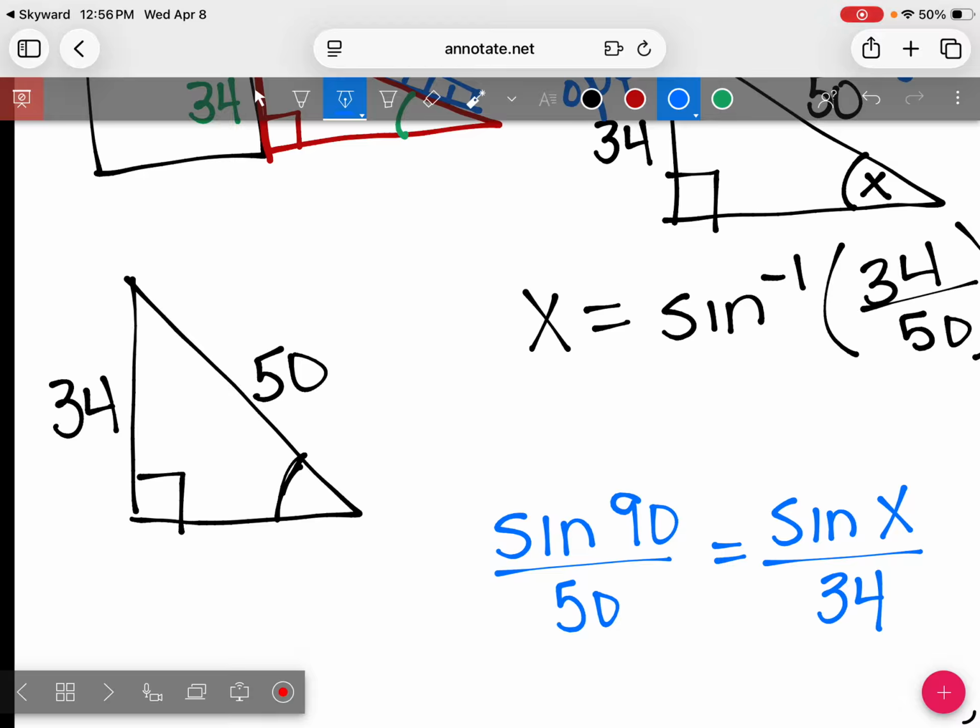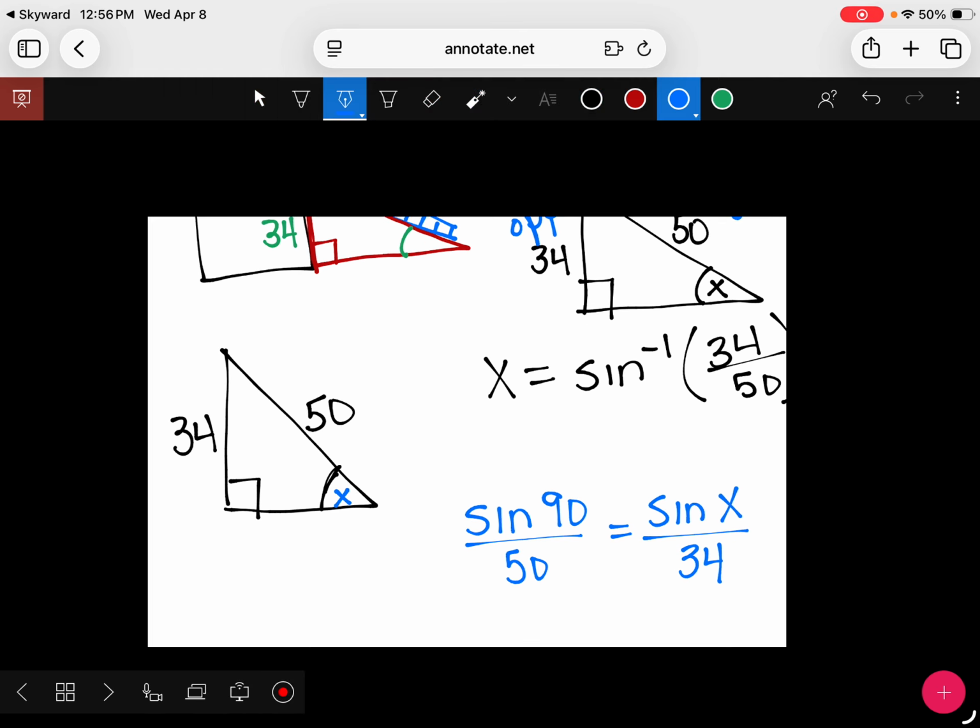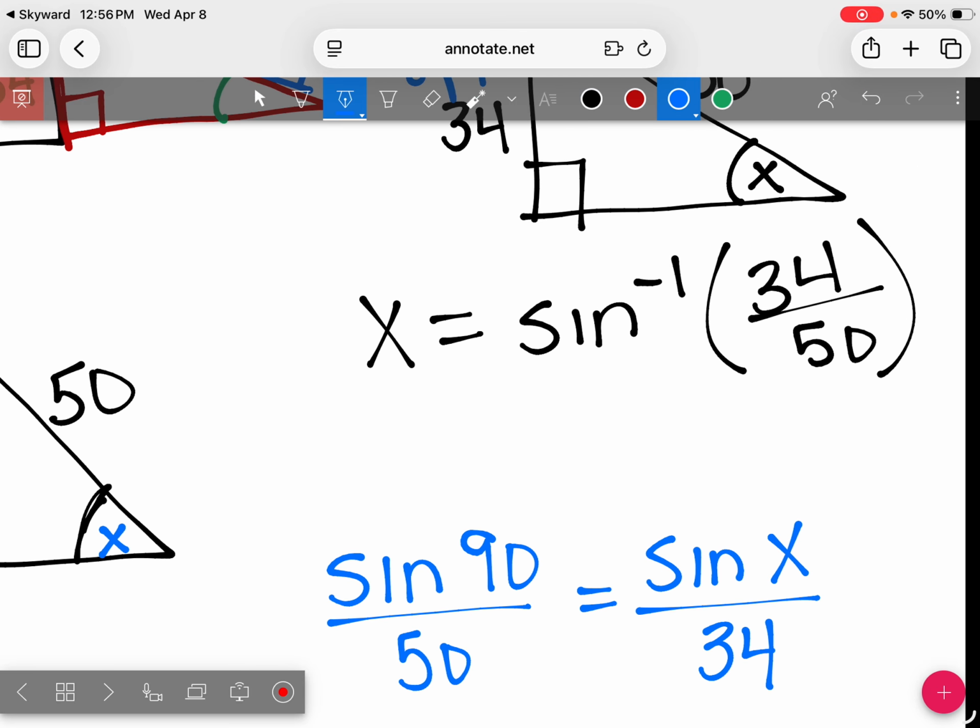So figure out what the angle is. Whenever you're asked to find an angle, you have to do an inverse. You have to do an inverse whenever you're asked to find an angle. So when I type that in, I'm just doing the first way. I'm not going to do the bottom way.